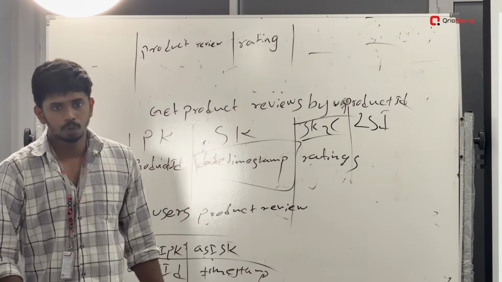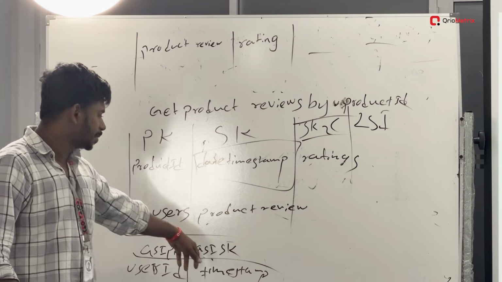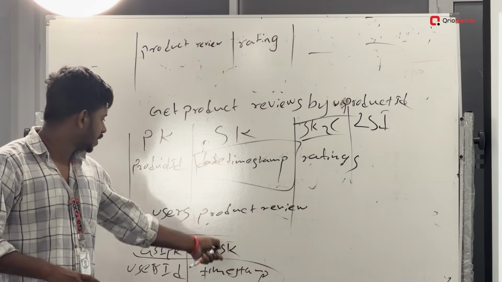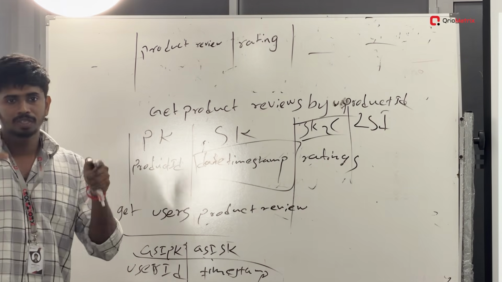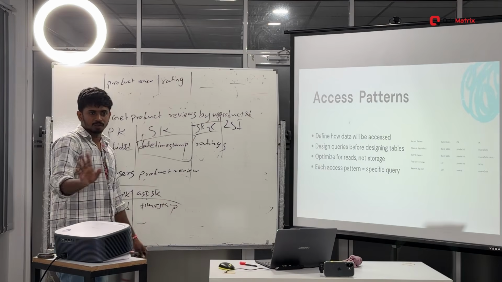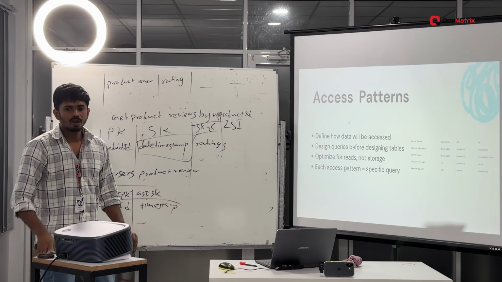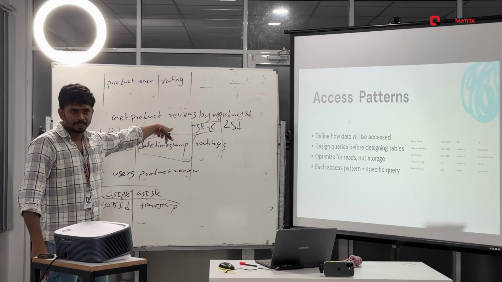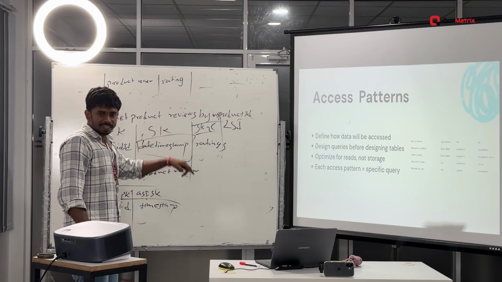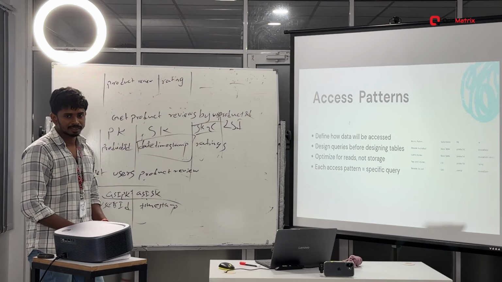If you want to filter by timestamp, then you can use the timestamp. Otherwise, you can think of a scenario where you need to filter using ratings. In that case, you can use ratings here. That's totally fine. Always the access pattern first. Based on the access pattern, we design the keys. That's how it works.